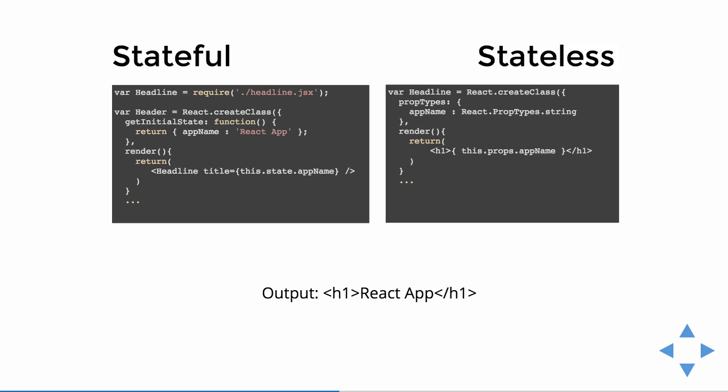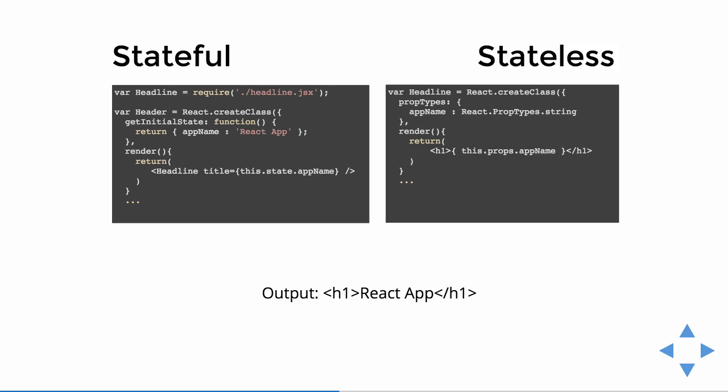What it does is pass one part of its state to the Headline component, which is stateless. This only has properties and will render what it gets from its parent component.